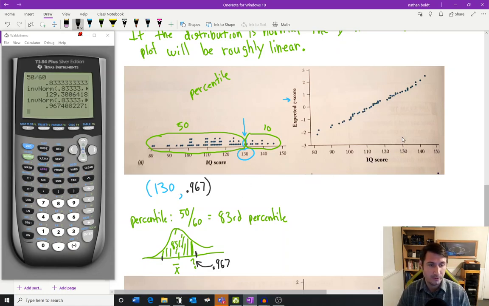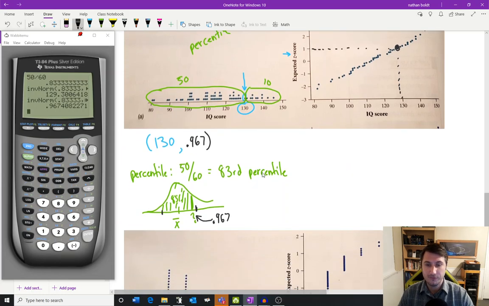So we would come over to our graph, 130, and it would come up right here to this point, which is somewhere around 1. 0.96 is basically 1. So that is how you plot this. Now, again, you never do this by hand, but if you do that for all the data and it comes out to be a linear line, that means your data set was roughly normal, okay?